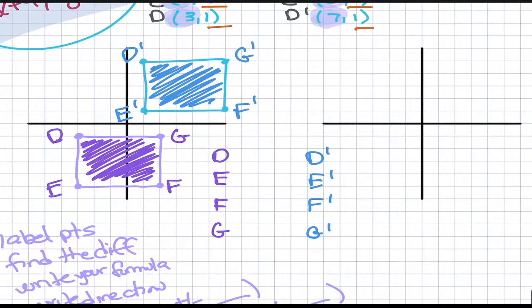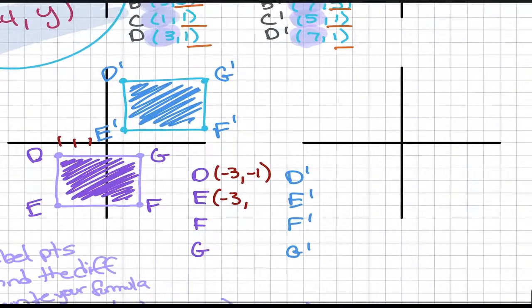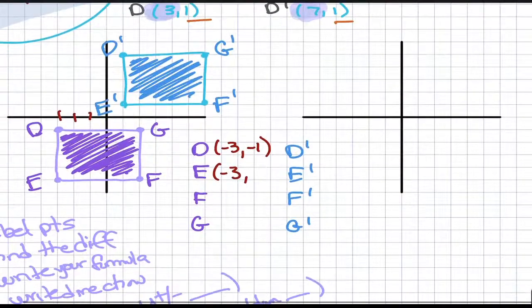Okay, so first thing I'm going to do is label my points. For D, we're going -3, and then down 1. For E, we're going -3 again, except this time we're going down 5. For F, we're going to the right 2, and down 5.